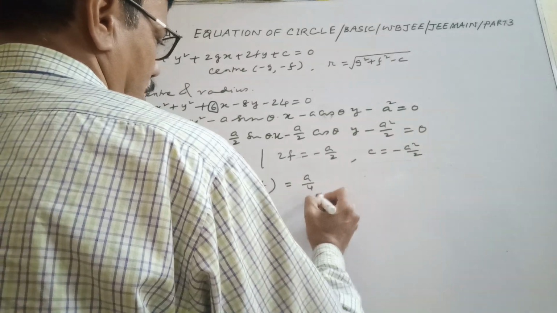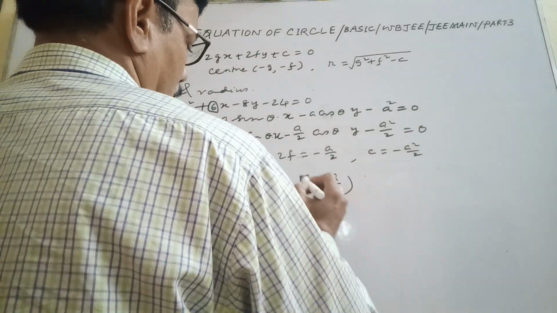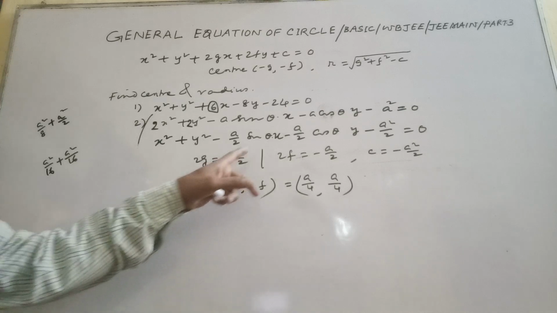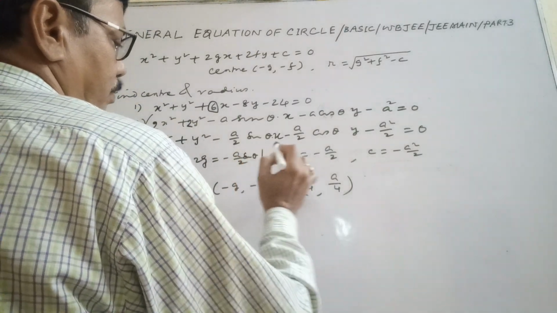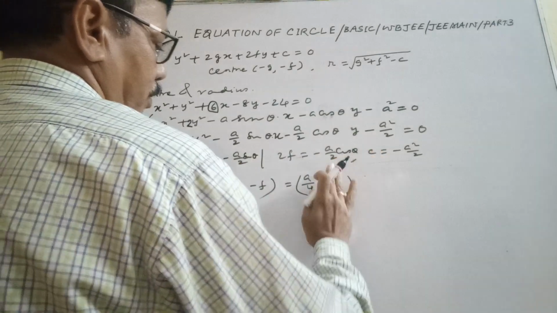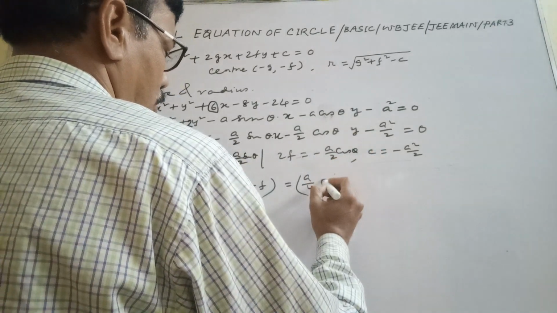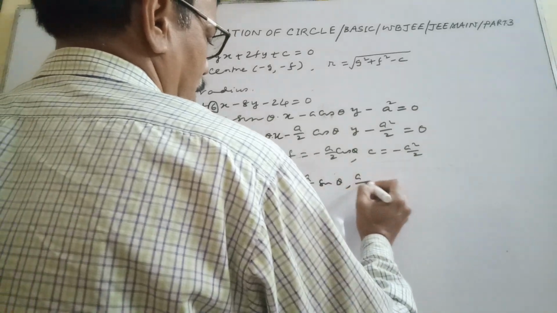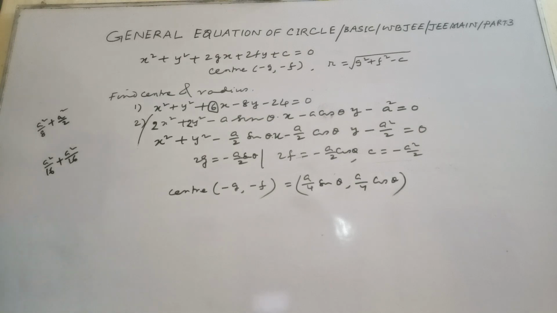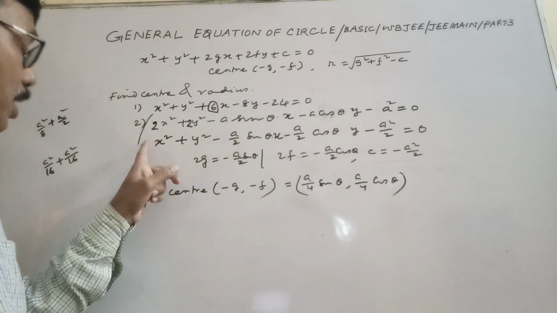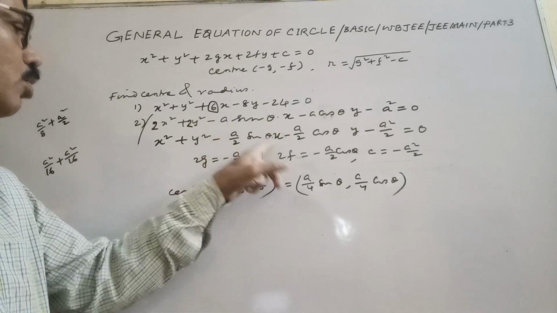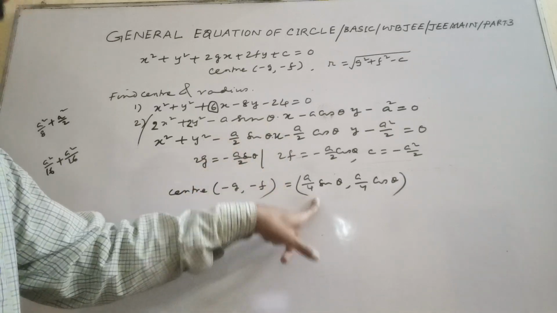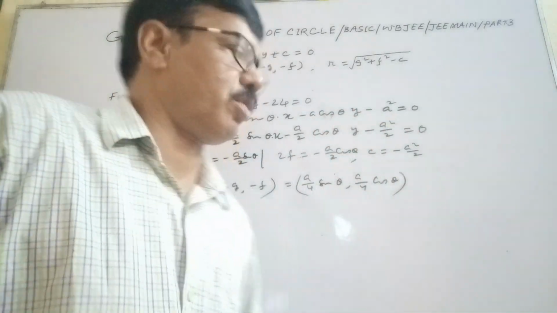Center is a by 4 sin theta, a by 4 cos theta. Now look, if it is standard form, divide the coefficient of x by 2, then change the sign. So a by 4 sin theta, this is a by 4 cos theta.